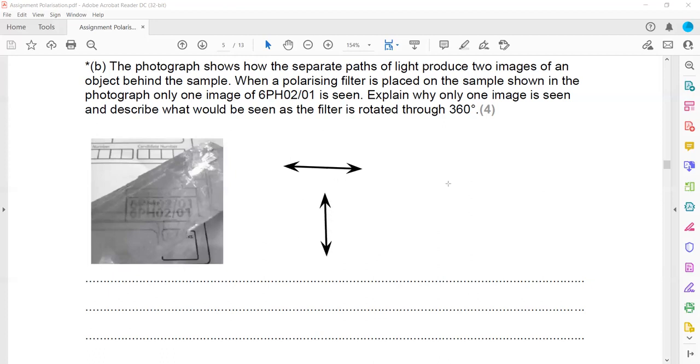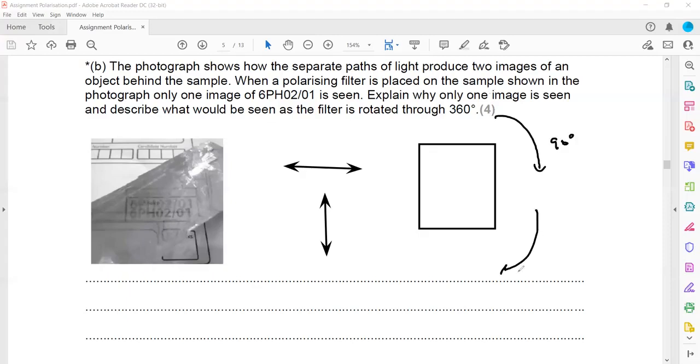Now we are using a polarizing filter and we are rotating this polarizing filter first by 90, then by 180, then by 270 until 360. And we have to explain our observations, what we will observe.